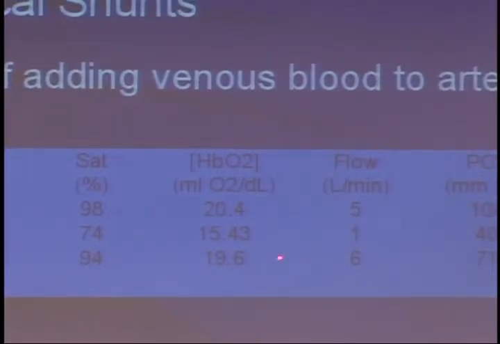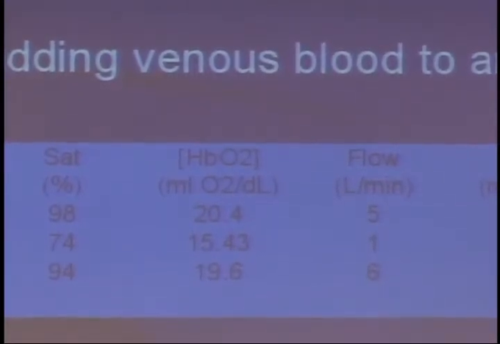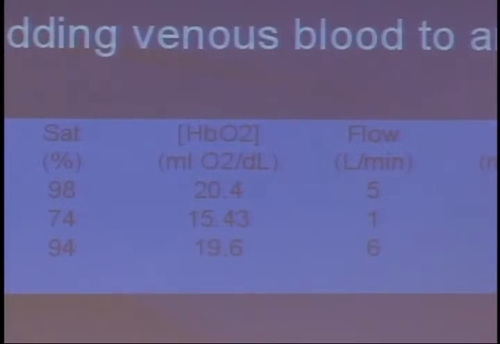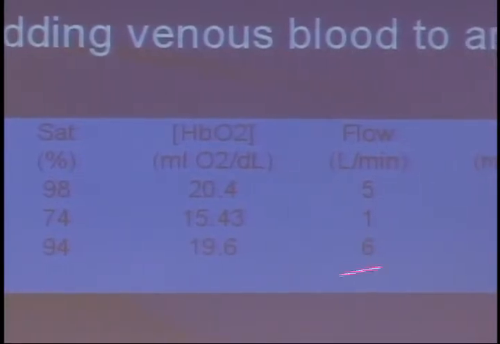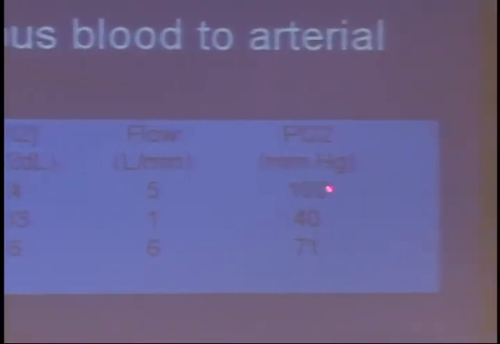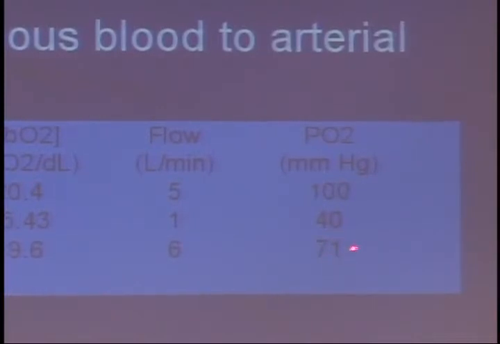And of course, what's interesting is that in the case of a shunt like this, you now have blood flow in the systemic and pulmonary circulations at different rates. Normally, the lungs are getting exactly the same 5 liters as the systemic circulation, but because of this shunt, we have a greater flow than before. And the PO2, instead of being up here at nearly 100, it's pulled down to 71.